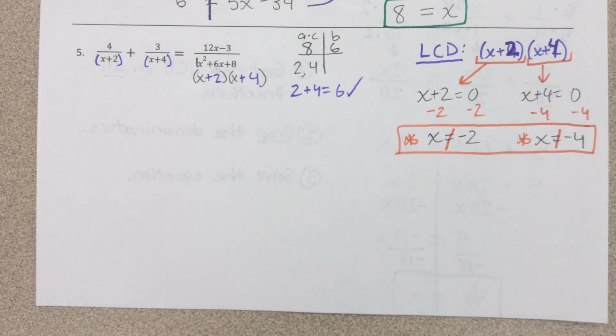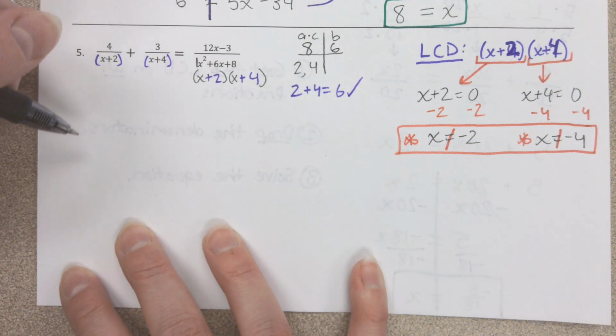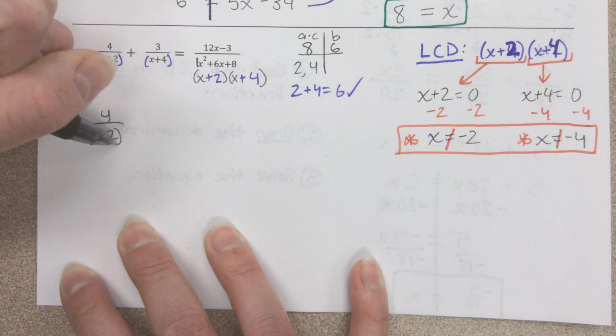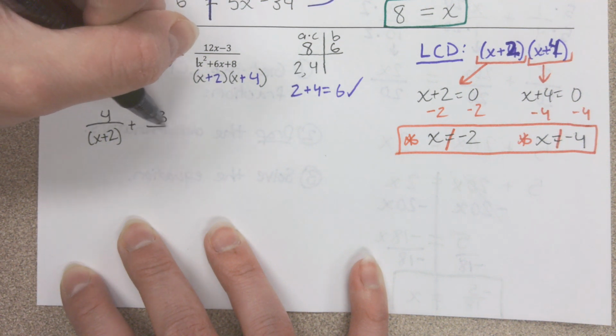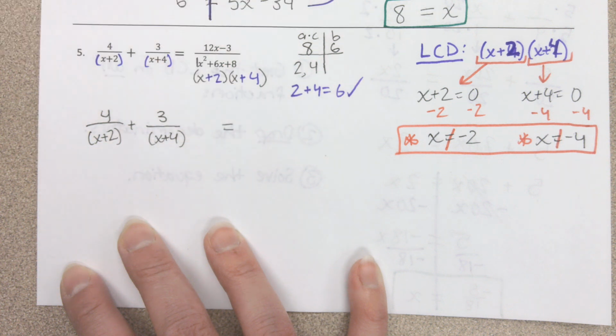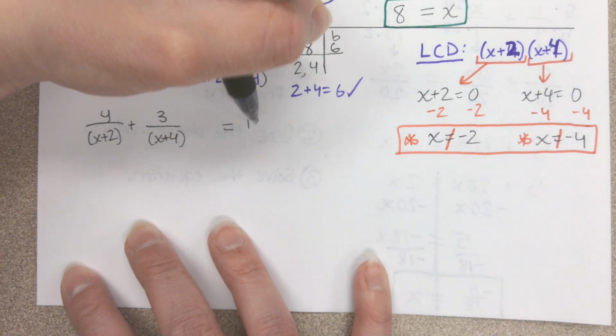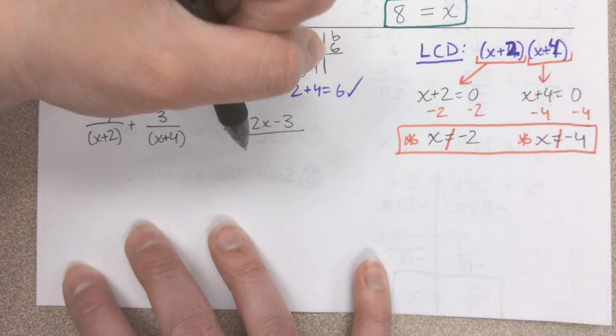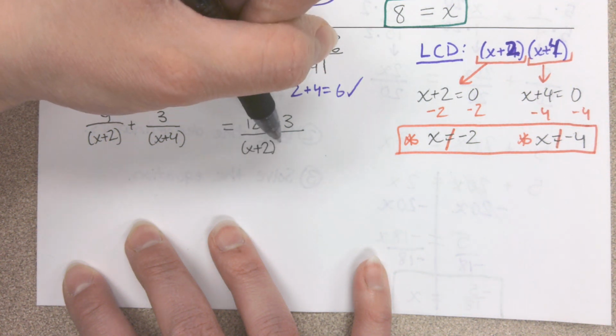Again, just so I can write everything out, show all the work, I'm going to write this out again. 4 over x plus 2 plus 3 over x plus 4. Leave some space before you write the equal sign. Equals 12x minus 3 over, I'll write the new denominator now, x plus 2, x plus 4.